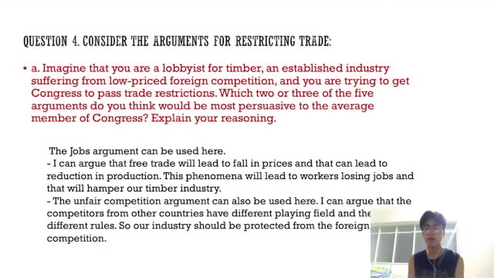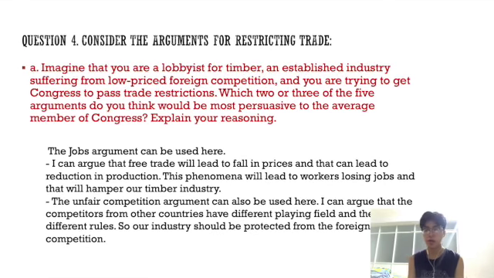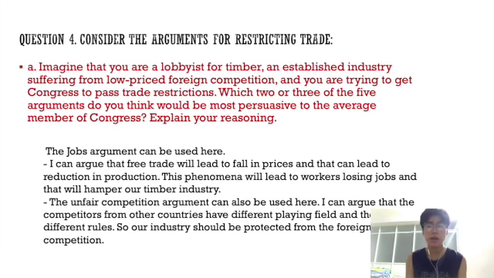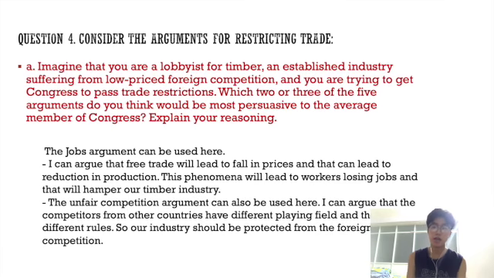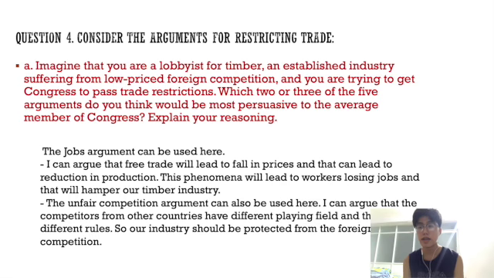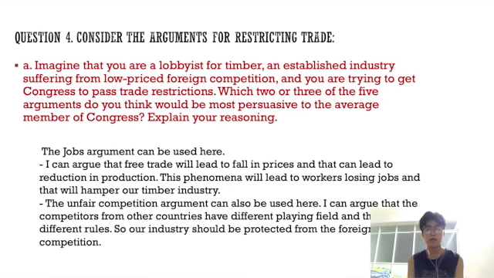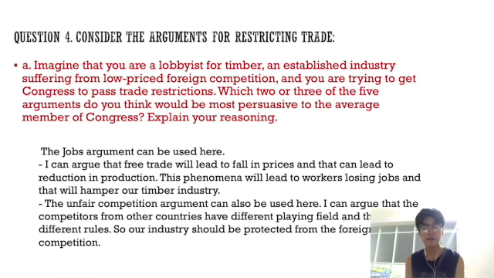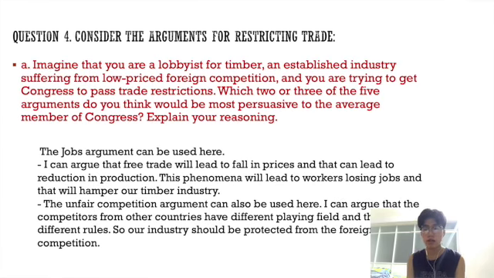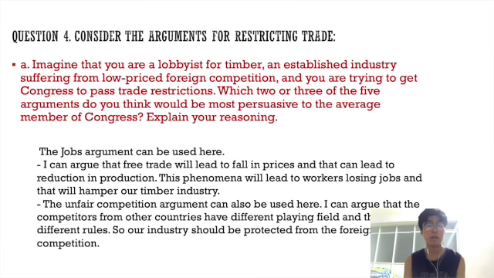This phenomenon will lead to workers losing jobs, and that will hamper the timber industry. The unfair competition argument can also be used here. I can argue that competitors from other countries have a different playing field and play by different rules, so our industry should be protected from foreign competition.